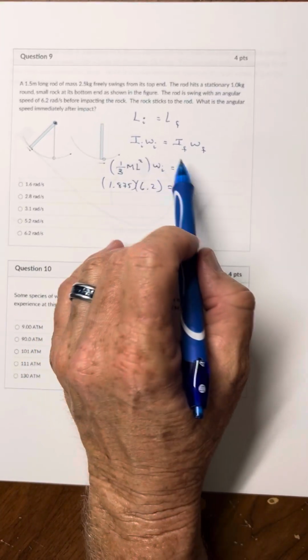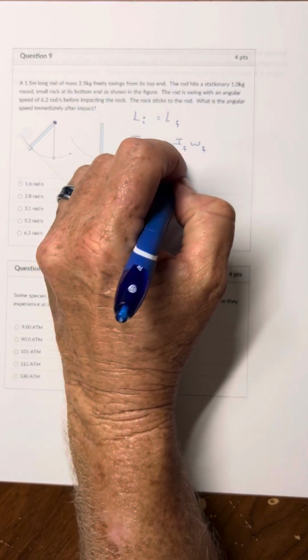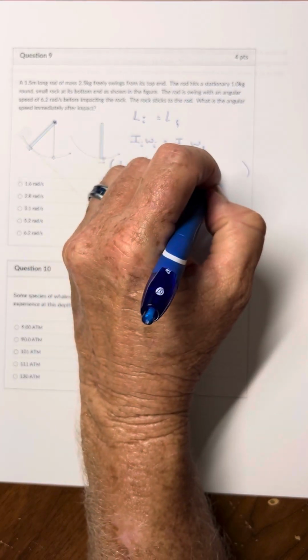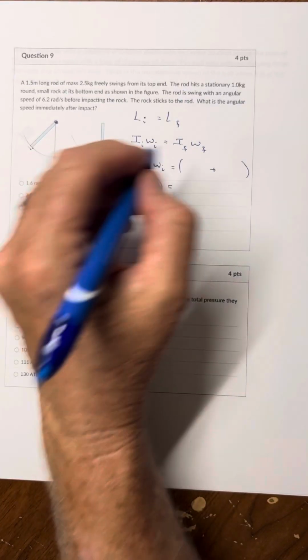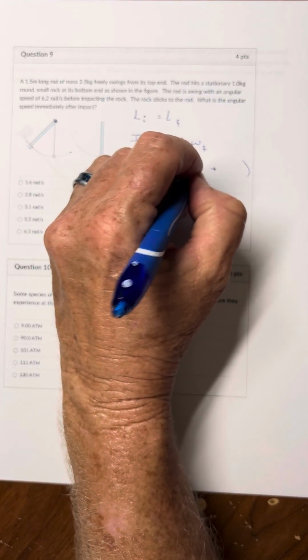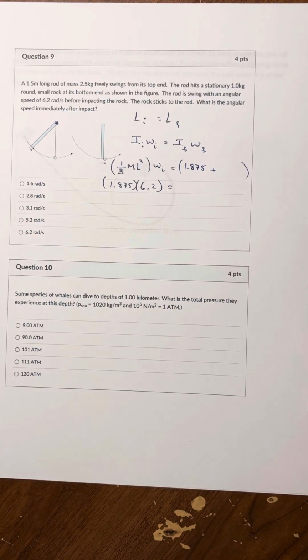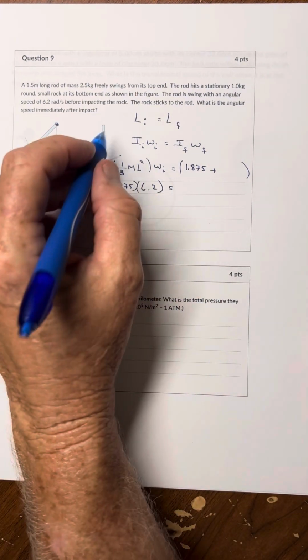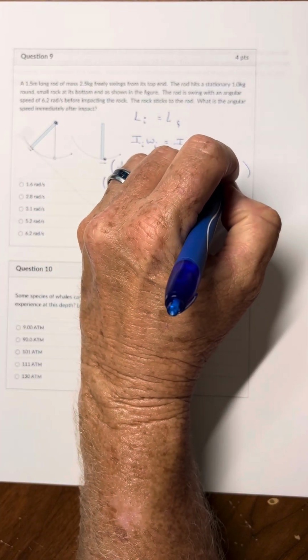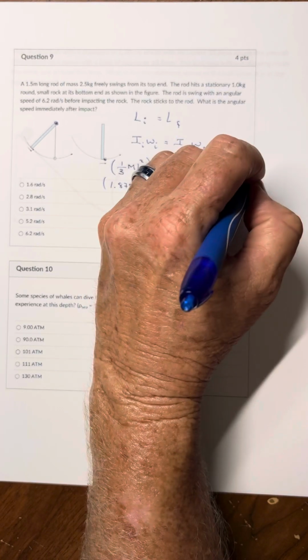Now, on the other side of the equation, the inertia would be the two objects. And so we would have the rod again, which we just figured out. And then we have this little, I'll call it a point mass because it said it was small, and that's just m times the distance squared.